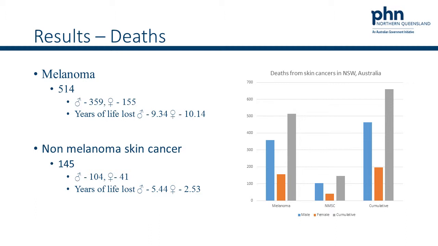Those who died from melanoma, the potential years of life lost were 9.34 for males and 10.14 years for females, compared to 5.44 and 2.53 for non-melanomas, respectively, which indicated that men are dying earlier from non-melanoma skin cancers than women, while the rate is relatively even for melanomas.